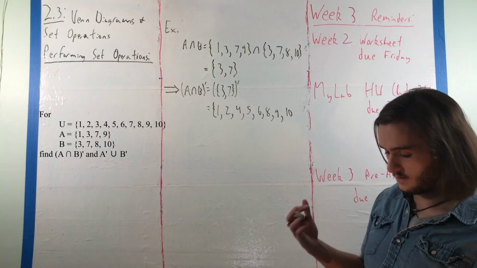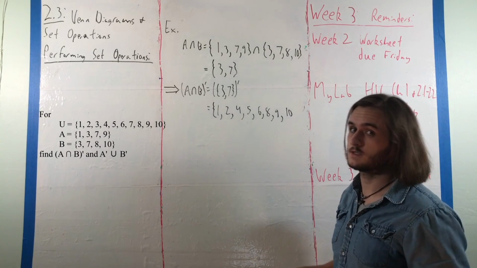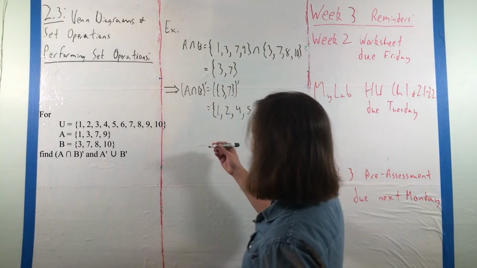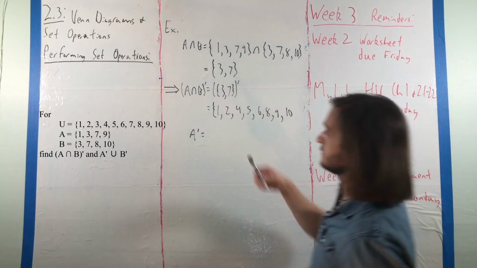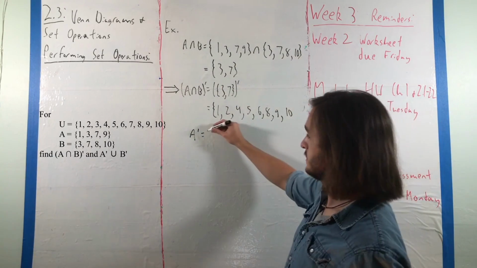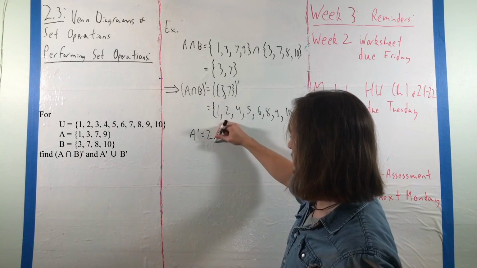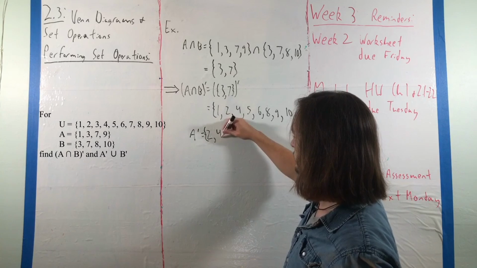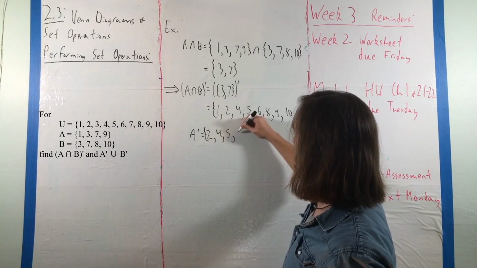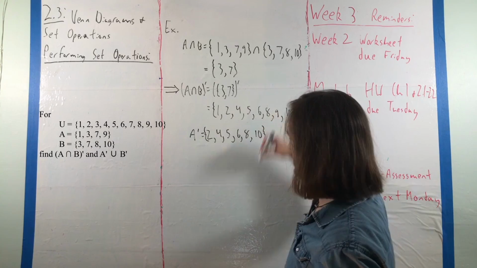So our other step is to find the other one, A complement union B complement. First thing I do is start on the insides, find those two complements. So for A complement, we're looking for everything but 1, 3, 7, and 9. That would be the set {2, 4, 5, 6, 8, 10}.